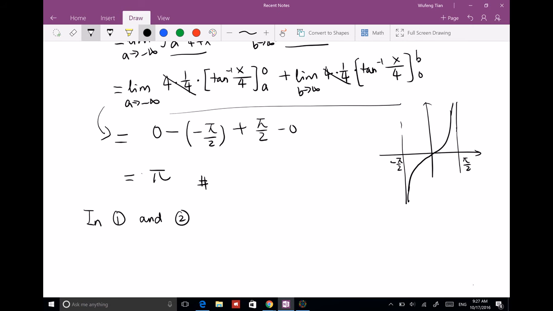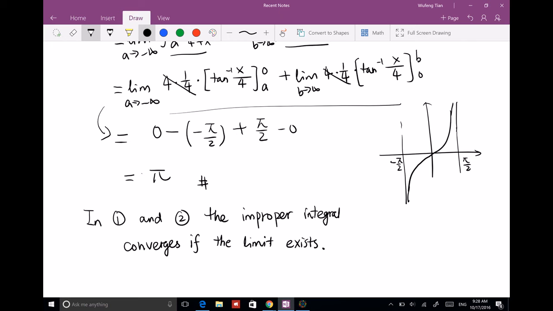In 1 and 2, the improper integral converges if the limit exists. You know what I mean, right?